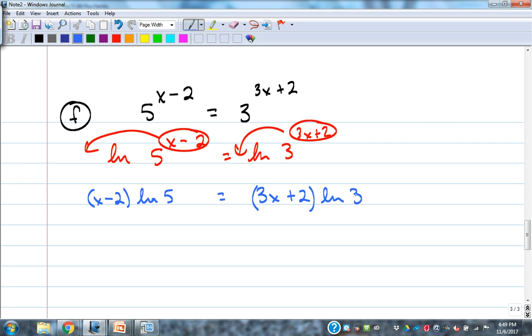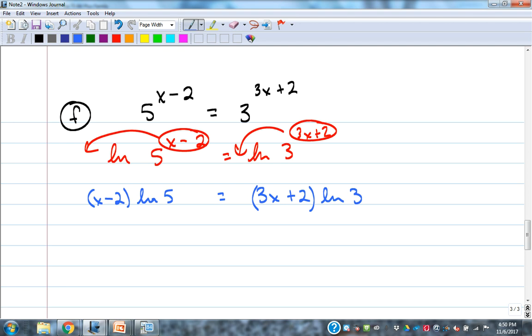What you've got to remember here is that the natural log of 5 is just a number. It's an ugly decimal number, which is why we're not writing out the decimal equivalent. Same thing with natural log of 3. It's just a number, like the number 6. It's an especially long decimal, so we're using this notation instead of its decimal equivalent.